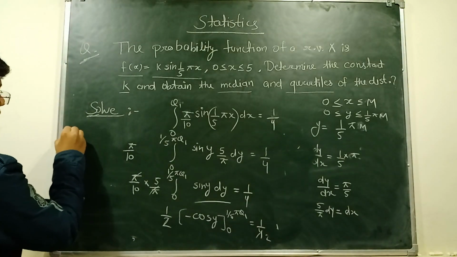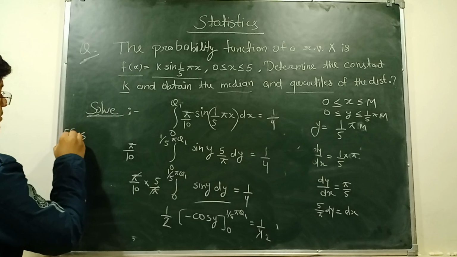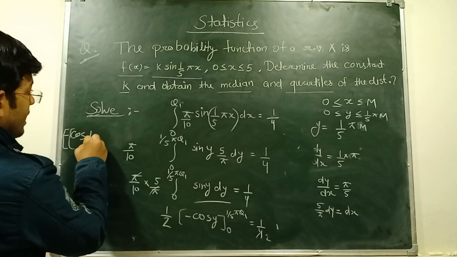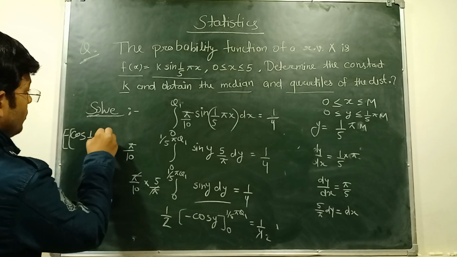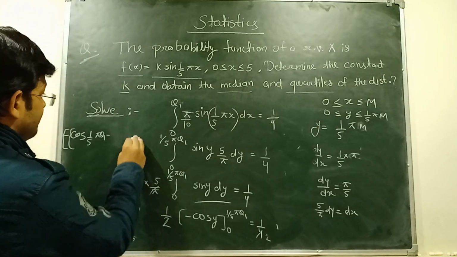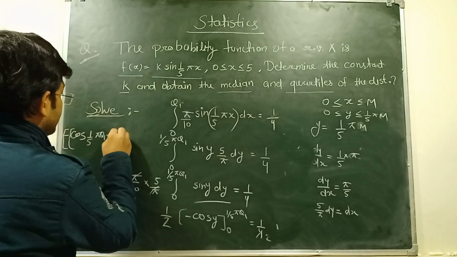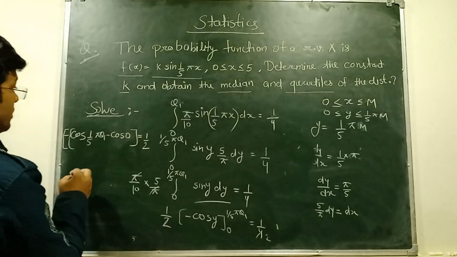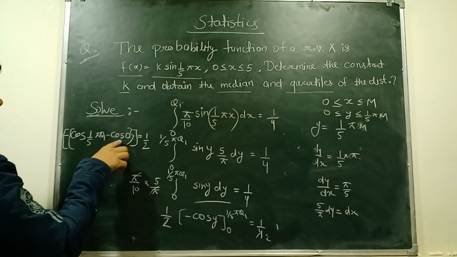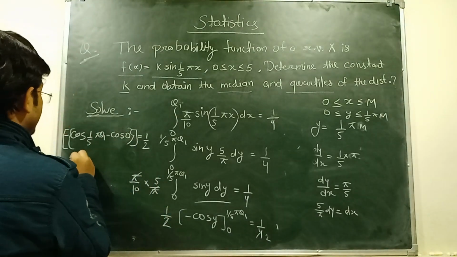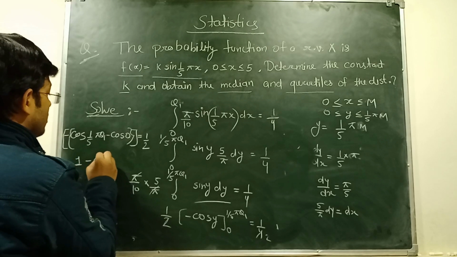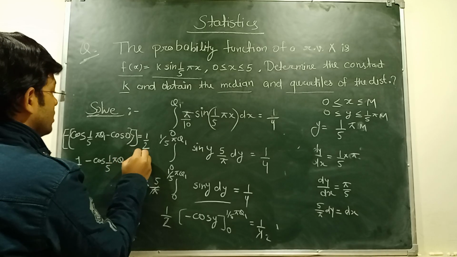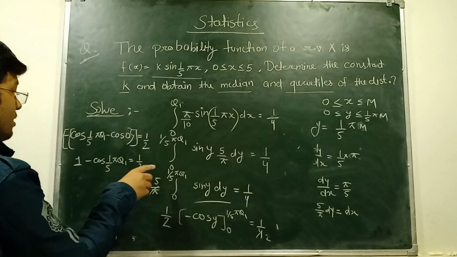So minus cos y at 1 upon 5 pi q1 minus cos 0 is equal to 1 by 2, and cos 0 is equal to 1, so we can write here 1 minus cos 1 upon 5 pi q1 is equal to 1 by 2.